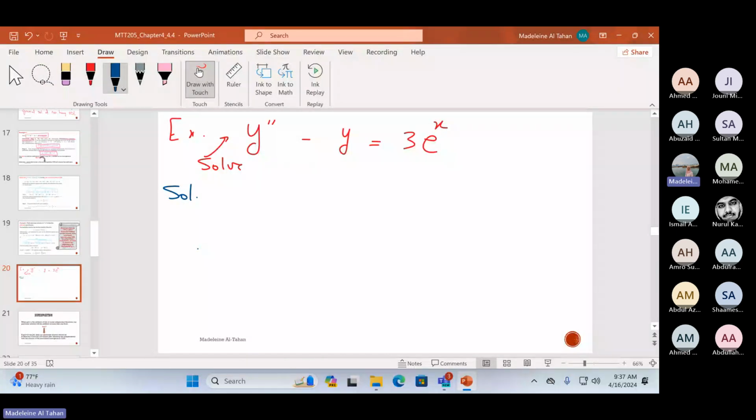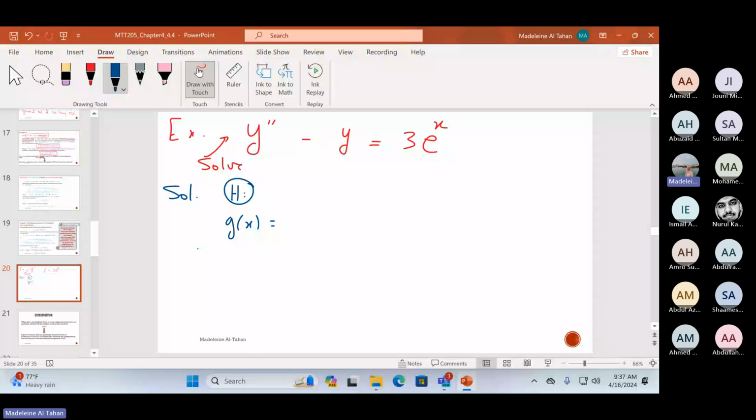Let's think about it. I will give you a few minutes to think about it. What's your homogeneous equation? First, put your homogeneous equation and then put your g of x.